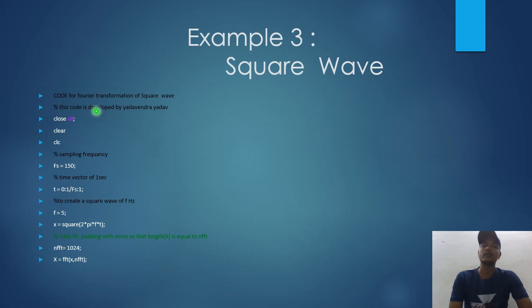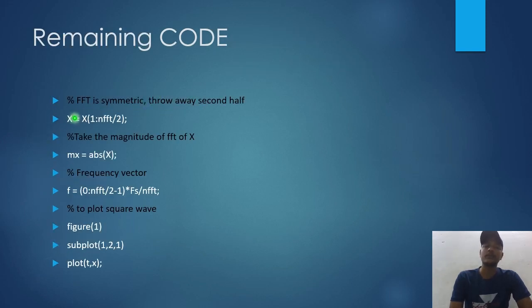Now example 3 is a square wave, and we follow the same procedure. We take the same frequency, same time vector, and create a square wave by just replacing sine or cos with square. We again take the same nfft and do the same FFT process. The FFT is symmetric, and all things are the same. For mx, we take the absolute value of the FFT, and then we create the frequency vector in the same way.